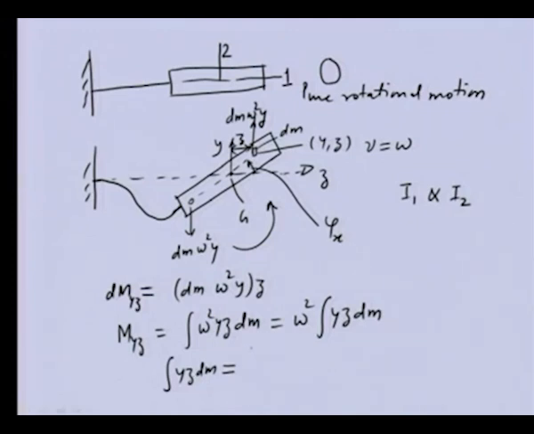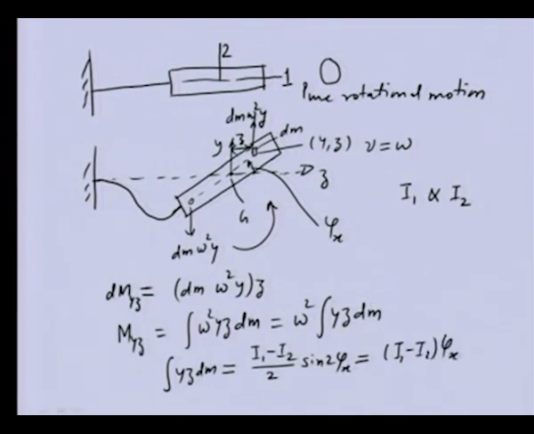This will be defined similar to the shear stress concept in the strength of materials, that is sin 2 phi x, and because this angular displacement is small, we can approximate sin 2 phi x as 2 phi x, and this will get simplified to I1 minus I2 times phi x.